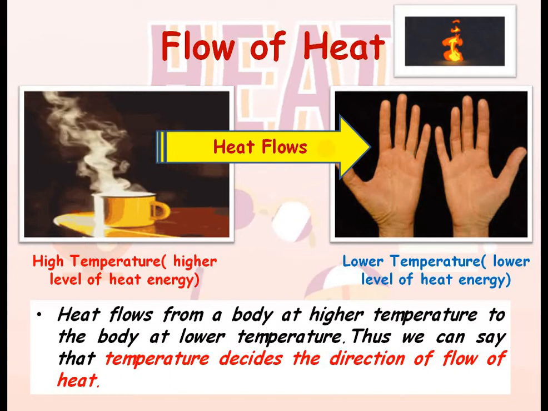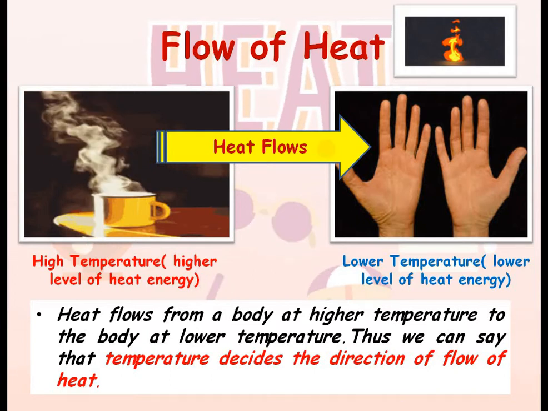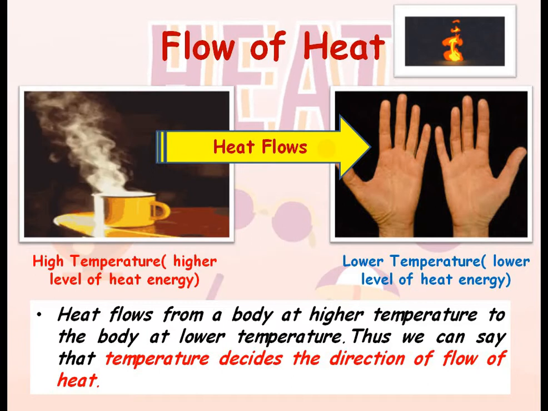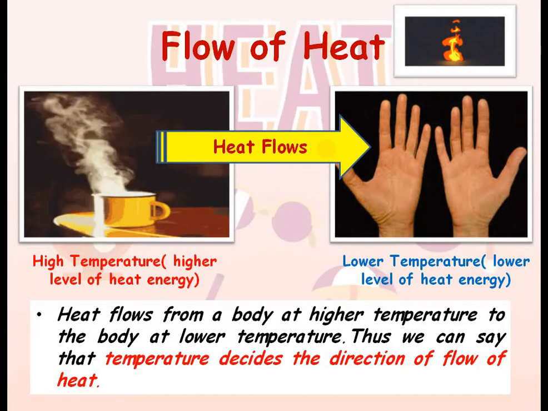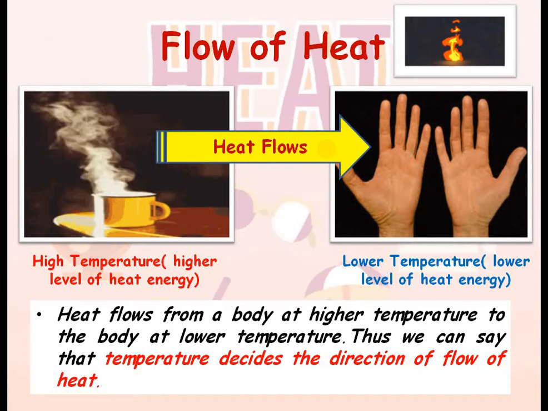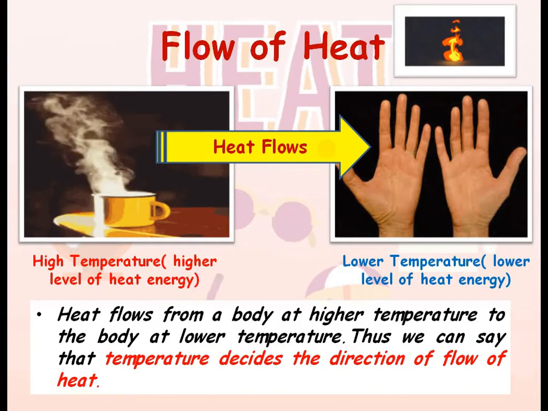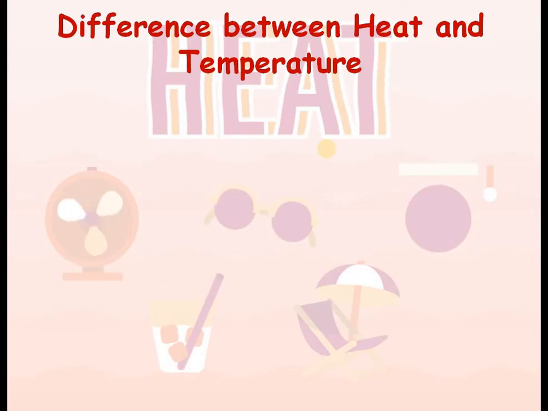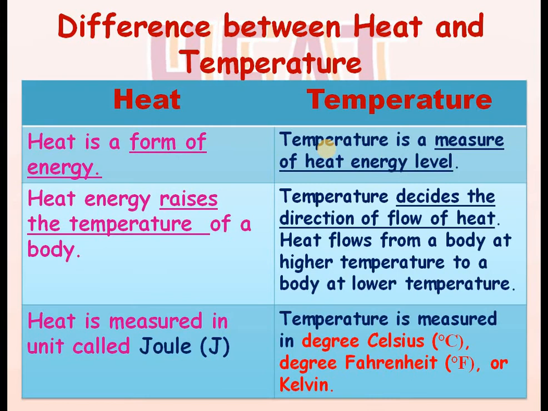Now since we have discussed so much about heat and temperature, let us discuss how to differentiate between heat and temperature. Heat is a form of energy, whereas temperature is a measure of heat energy level.